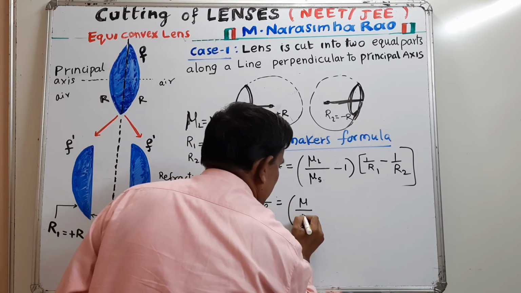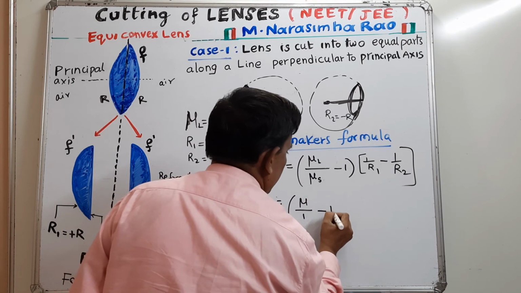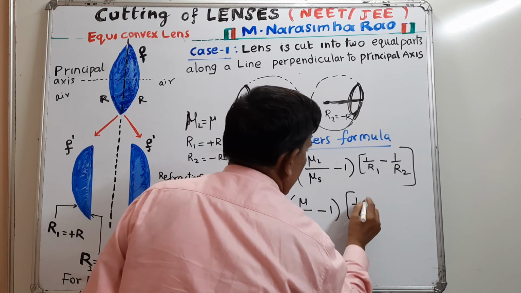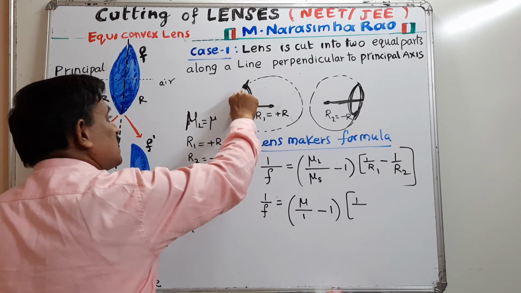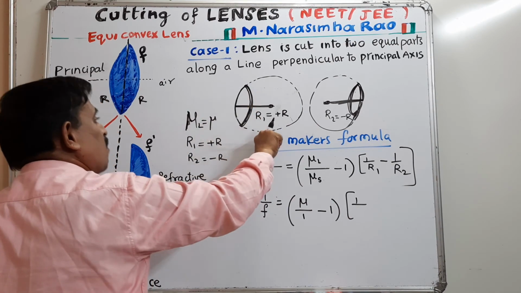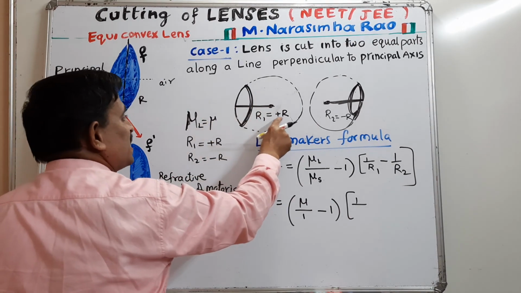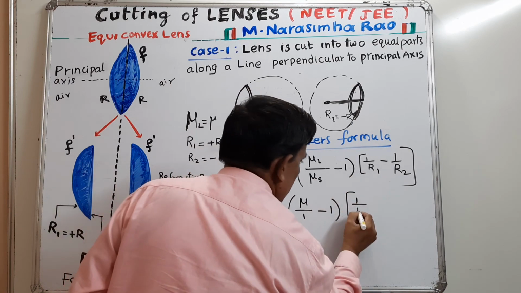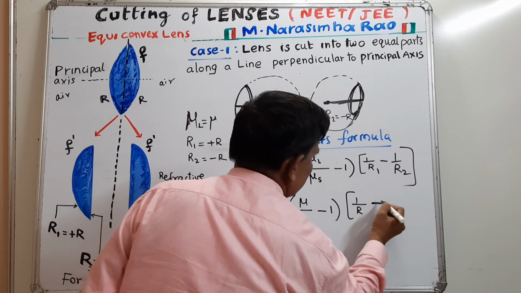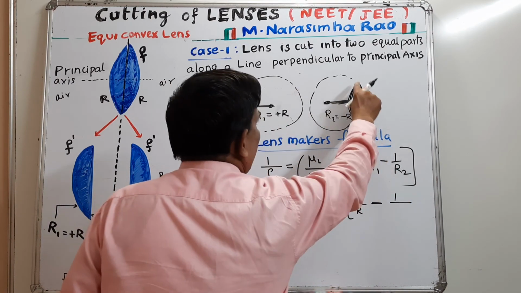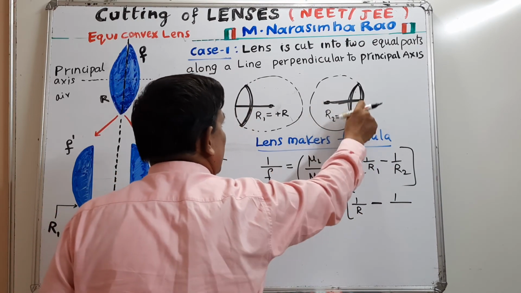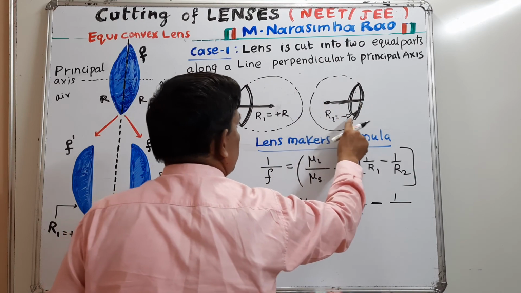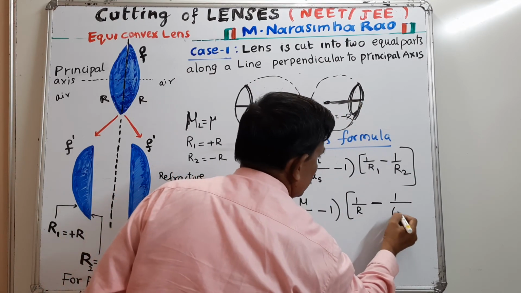Minus 1, into 1 by R1, the radius of curvature of the first surface, which is plus R, minus 1 by R2, the radius of curvature of the second surface, which is minus R. R2 means minus R.